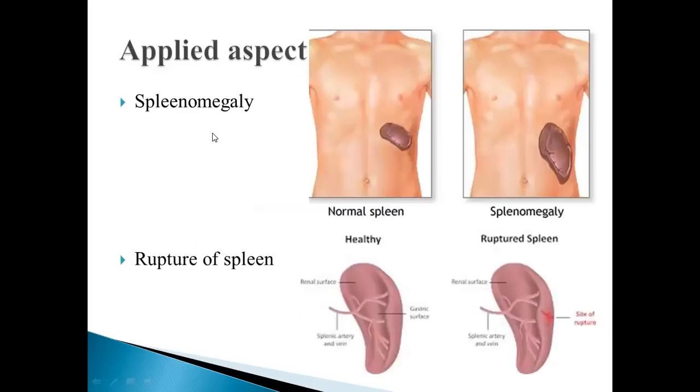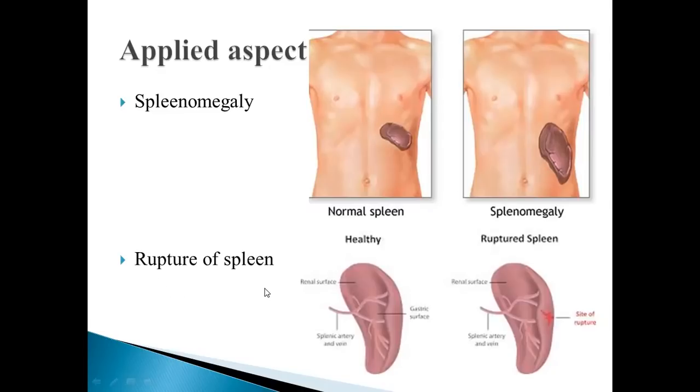Applied aspect of spleen. Splenomegaly is the enlargement of the spleen. The spleen is only palpable when it is double its size, and it will move in the downward direction. Since it is prevented from moving downward, it will move upward, so you can feel the spleen here in the abdomen.